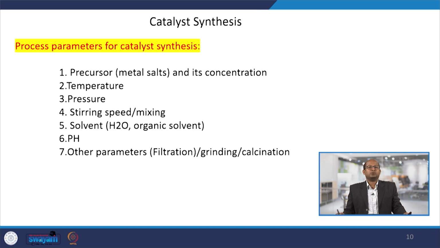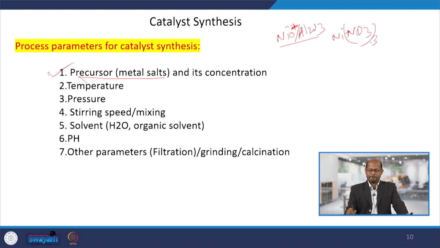Okay. So, now process parameters for catalyst synthesis. When we synthesize a catalyst from its starting materials, we need the precursors, metal ion salts. Let us say we use a nickel oxide catalyst. Then we have to use nickel precursors, nickel nitrates, this type of salts, and alumina powder.